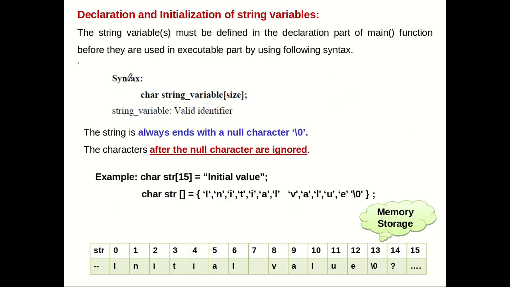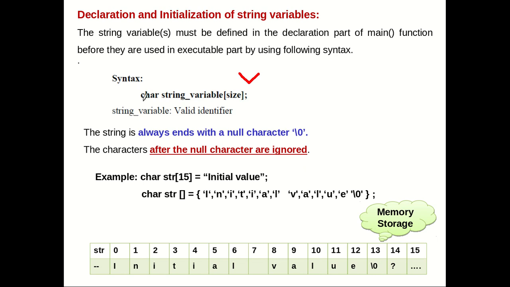Let us see how strings are declared and initialized. Every variable, before we use it in a program, must be declared. If necessary, we have to initialize those variables. The string can be declared in a program by following this particular syntax.